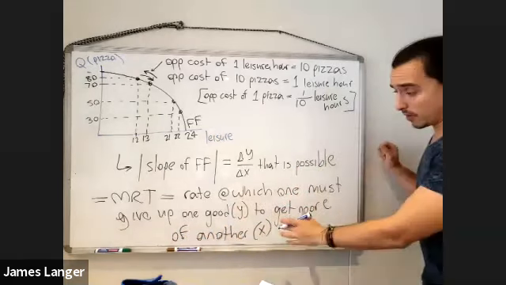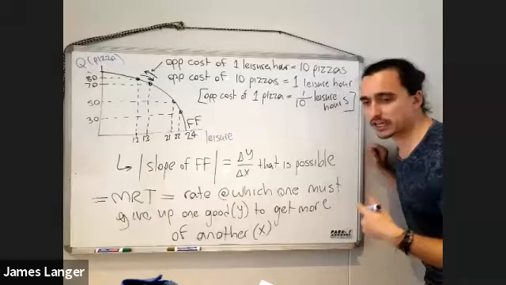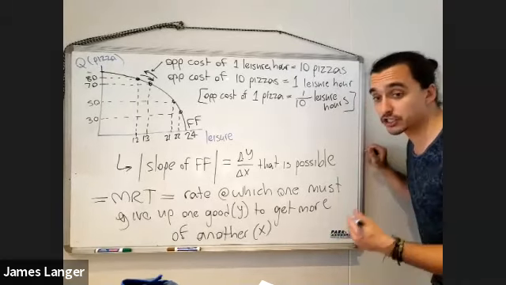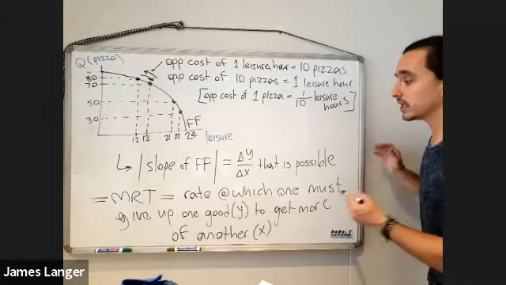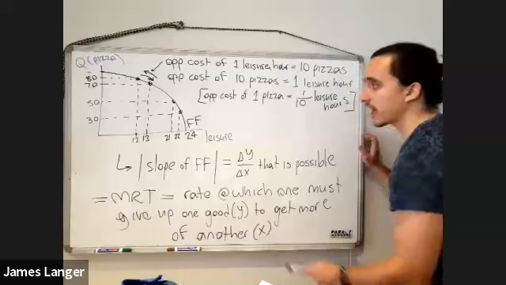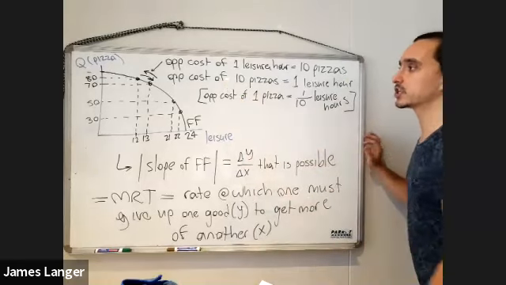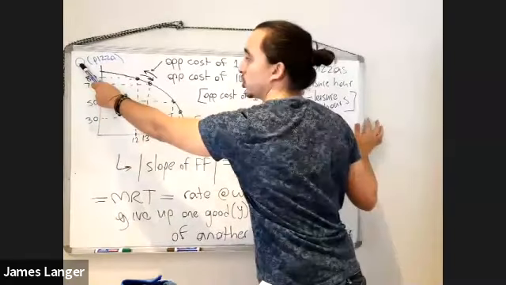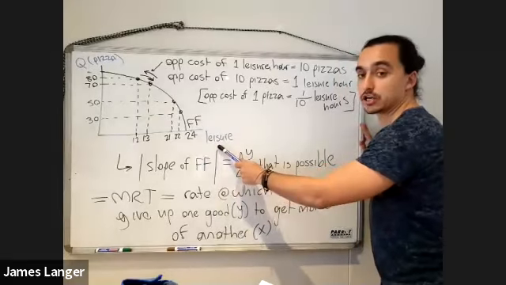Whatever it is, it doesn't have to be a good, guys. Remember, it can be an outcome, it can be leisure. You can think of leisure like a product, okay? So it's the rate at which I have to give up Y for more X. In this example, it's the rate at which I have to give up Q to get leisure.